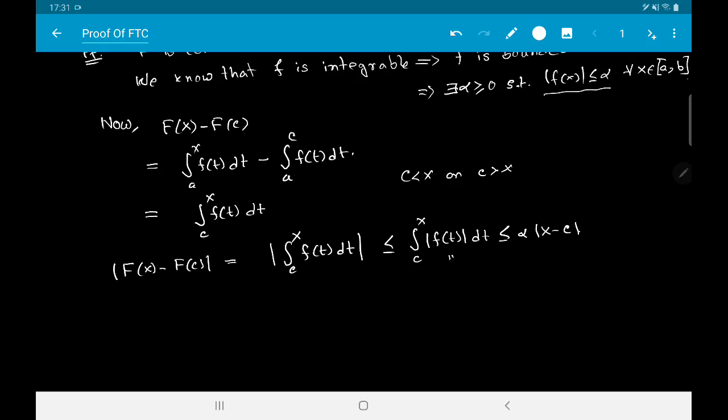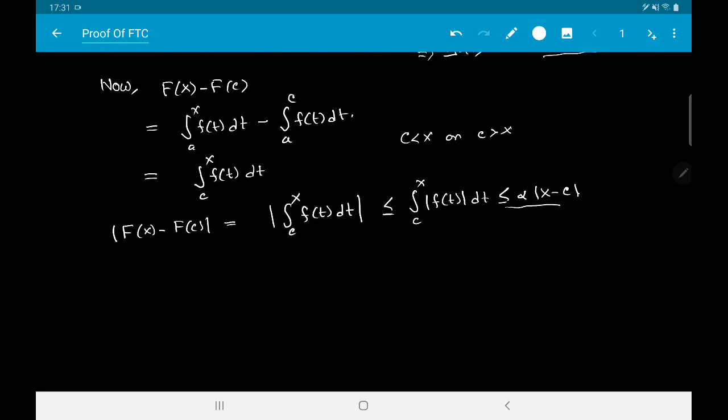We would just write it as less than or equal to alpha times the integral from c to x of 1 dt. We know what the integral of 1 is. This will be either c minus x or x minus c, depending on whether x is less than c or x is bigger than c. So this is good enough for us, and this is the Lipschitz condition that we were looking for.